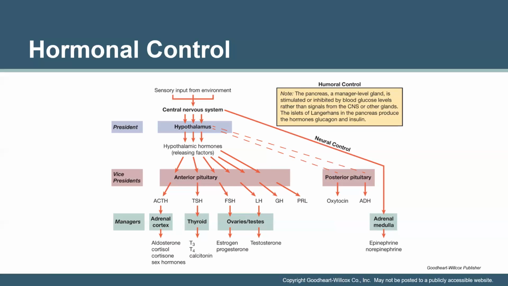Now, once the pituitary gland is inspired to release a particular hormone in a particular quantity, that gets shipped out via the bloodstream all over the place, and hopefully gets to the target, right? It gets to the receptor on wherever it needs to get, sending a message. So those receptors may be the adrenal cortex, the thyroid, the ovaries, and testes.